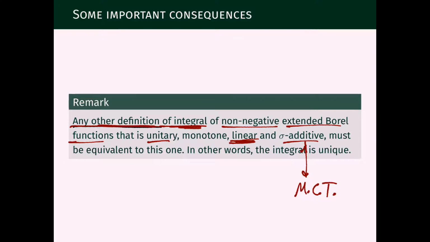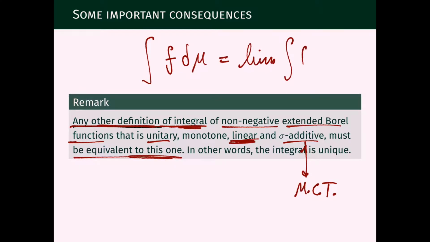And why would it have to be this one? Because, again, given a function f, we can define the integral of f to be the limit of the integral of fn dmu for any sequence fn of simple functions that increases to f.